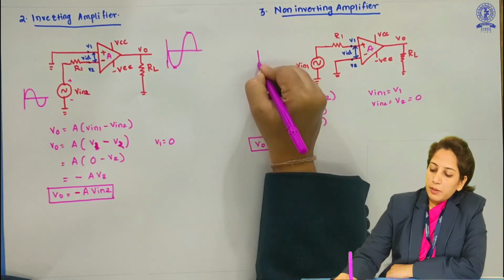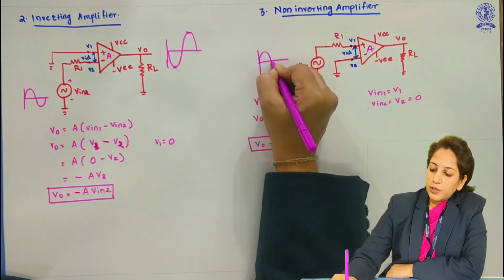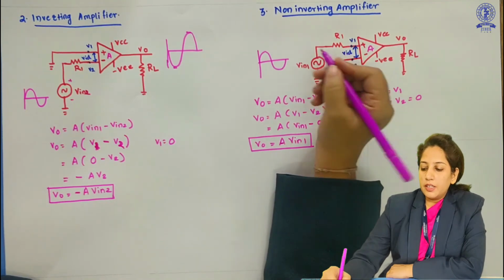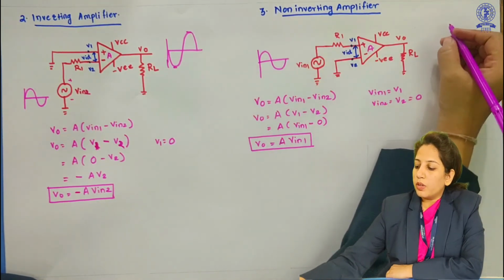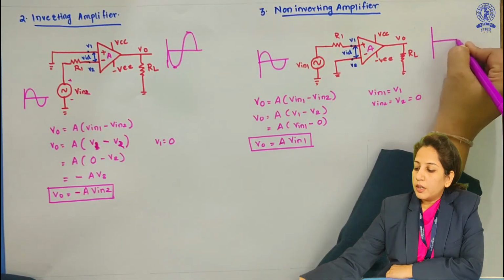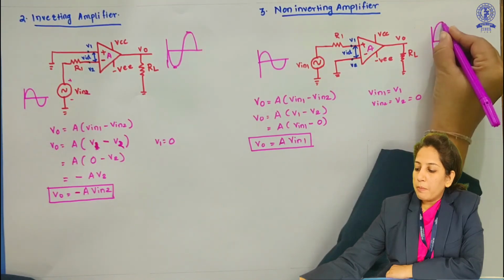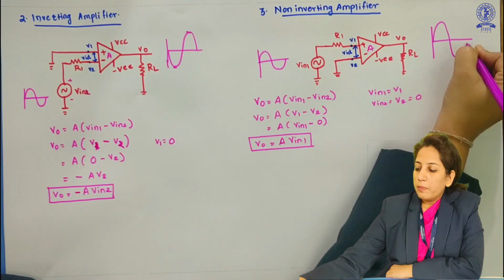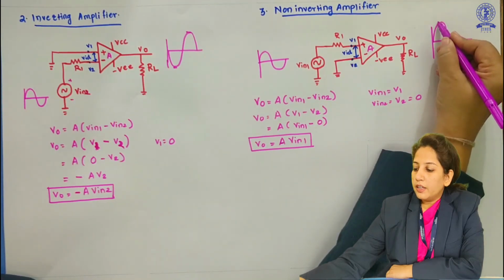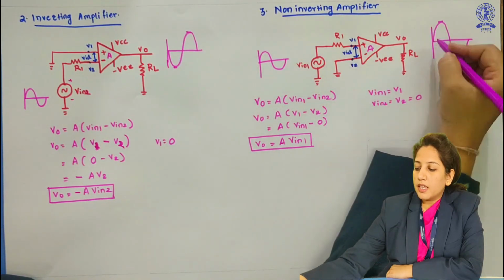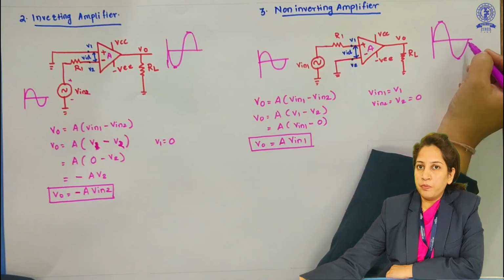Suppose I apply an input voltage at this terminal, at the output side my output wave will be amplified and in phase, meaning in the same phase as the input signal.